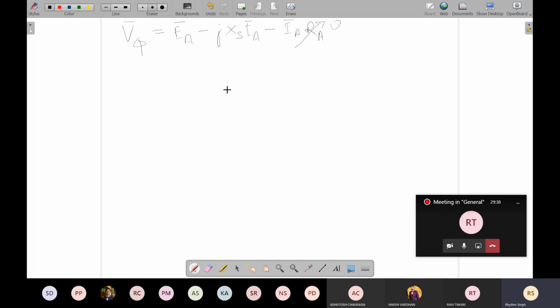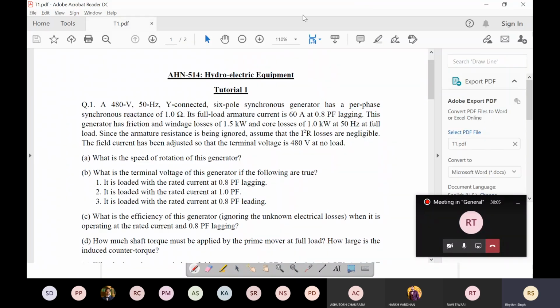But we should know here that because the machine is having a star connection, so star connection, as you can recall, is that V phi you are generating in each phase, and then in star connection the terminal voltage VT will be nothing but √3 times V phi. That is the significance of star connection which is given here.